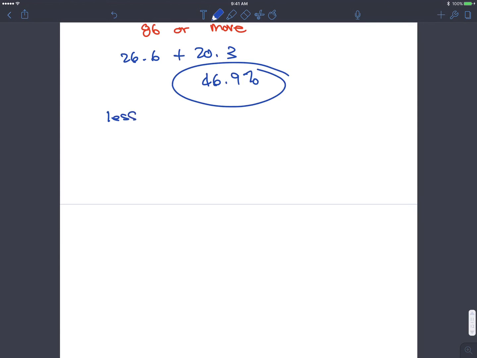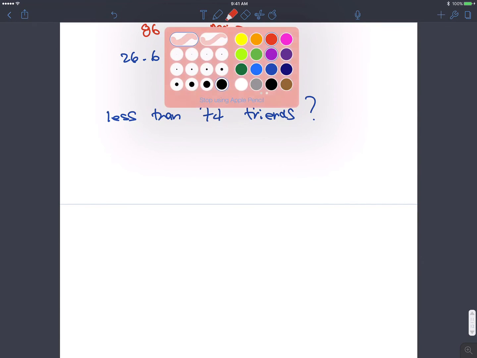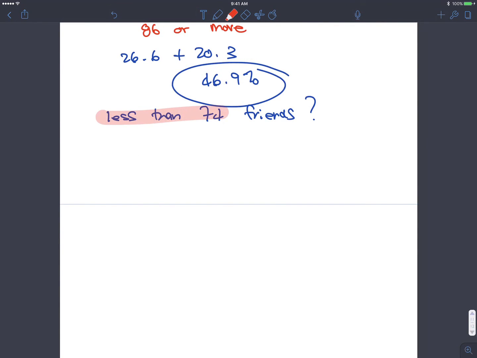And then let's look at the phrase less than 74 friends on Facebook. Less than 74 means smaller than 74.